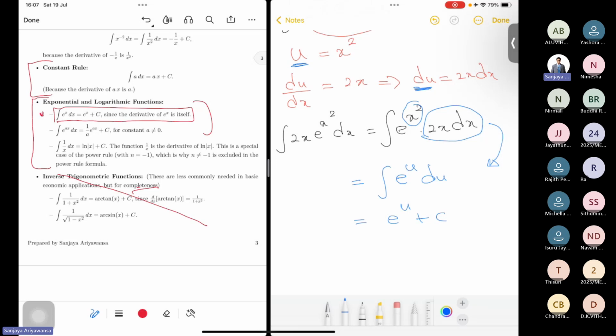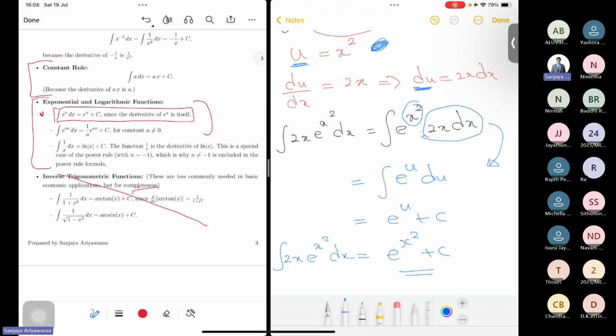But don't forget, you can't keep the final answer in terms of u. You substitute in what you had before. What was u? It was x squared. So it's e to the power x squared plus c. And that's the answer for this.